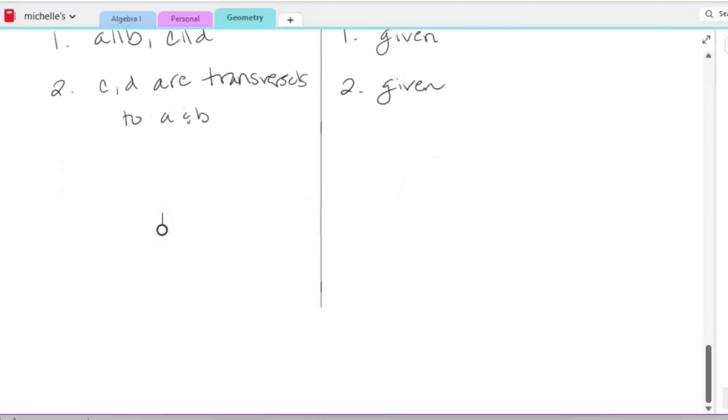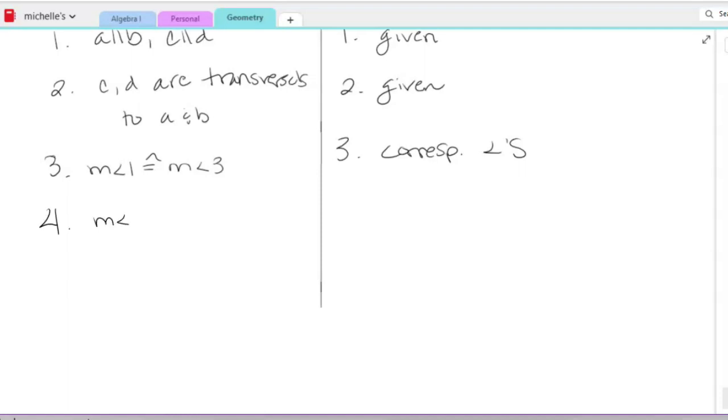All right, so next step, number 3, I'm going to say that the measure of angle 1 is congruent to the measure of angle 3 because they're corresponding angles. All right. Then I can say that the measure of angle 3 is congruent to the measure of angle 4 because those are also corresponding angles.